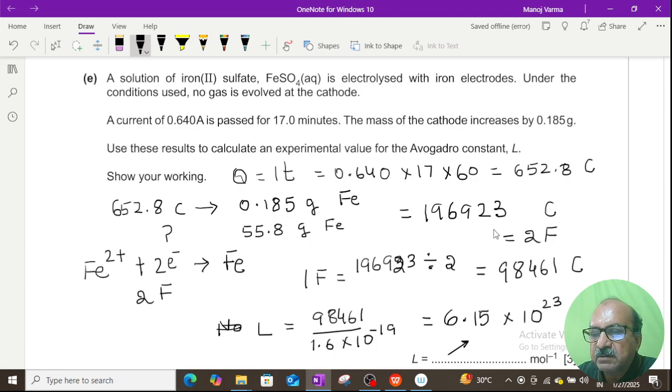So if you divide it by 2, you will get the value of 1 Faraday, which is this 98461. And then if you divide it by the charge of the electron, which is 1.6 times 10 raised to minus 19 coulombs, you will get the value 6.15 times 10 raised to 23, which is the answer for the Avogadro number.